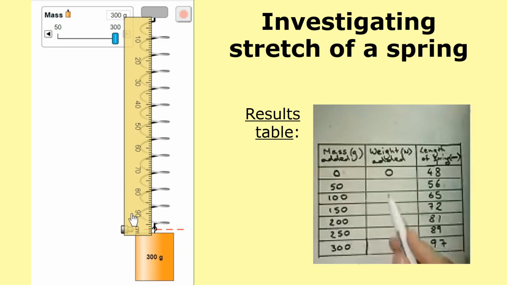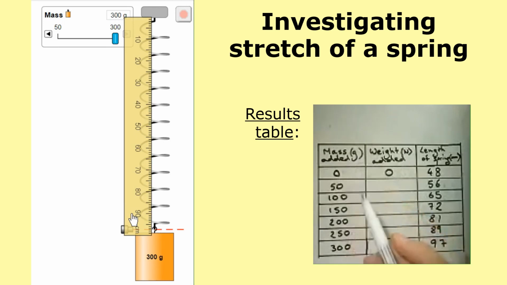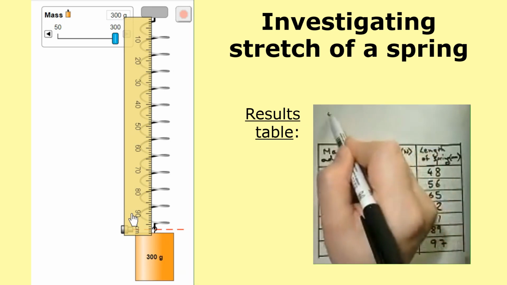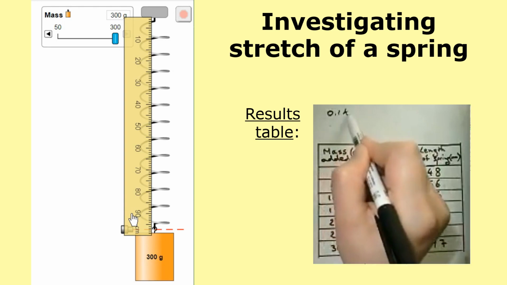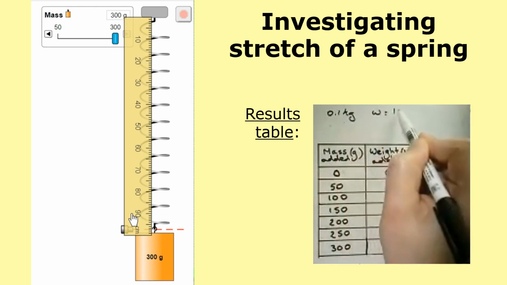So we just need to complete this weight added column. So obviously when we added no mass, there was no additional weight. Now, if you remember earlier on in the lesson, you calculated that 0.1 kilograms had a weight of 1 Newton.